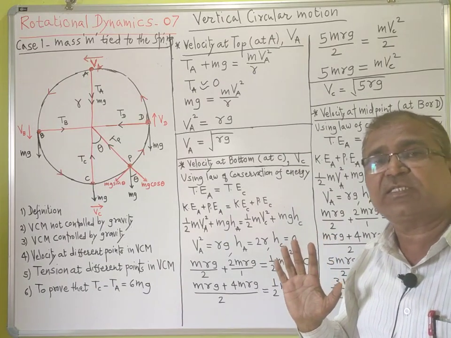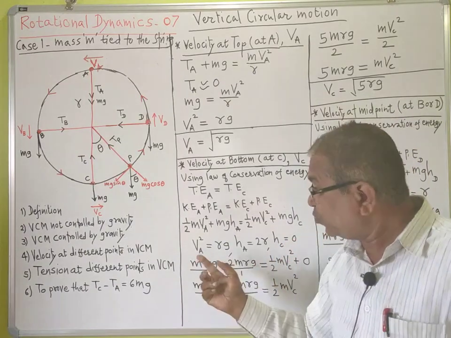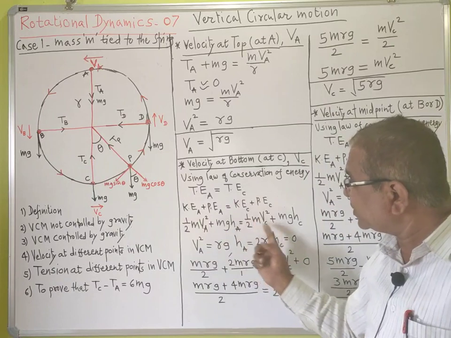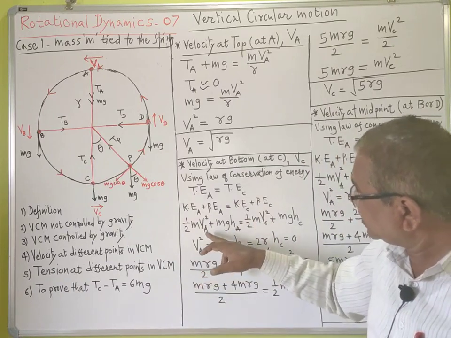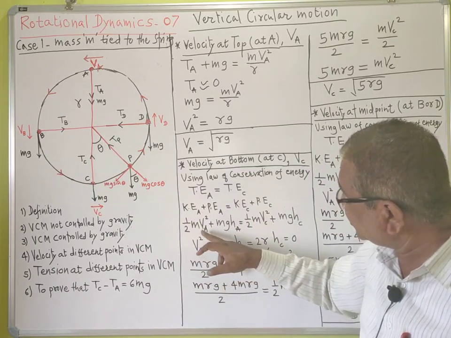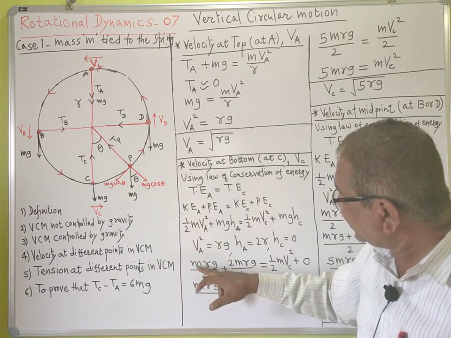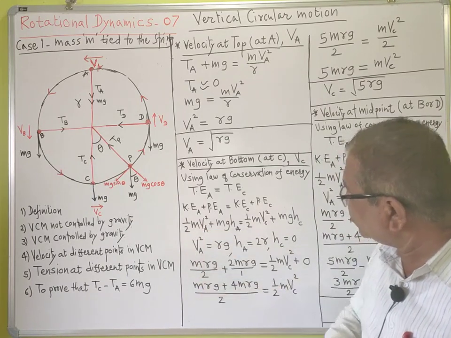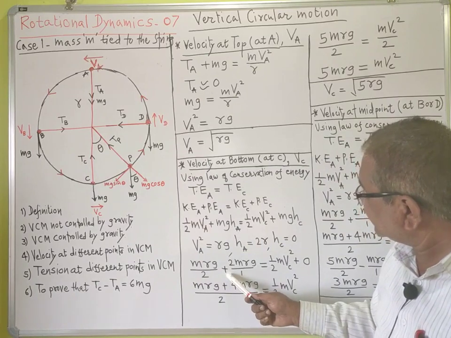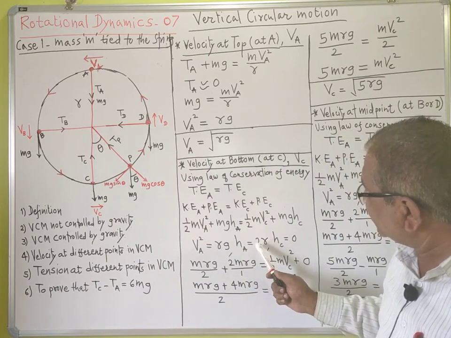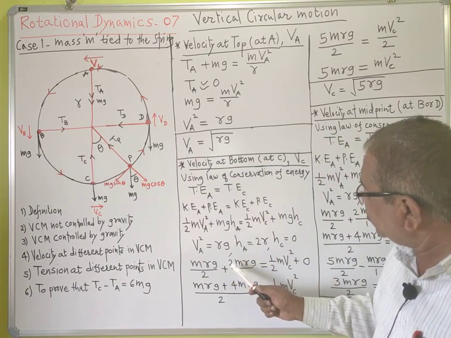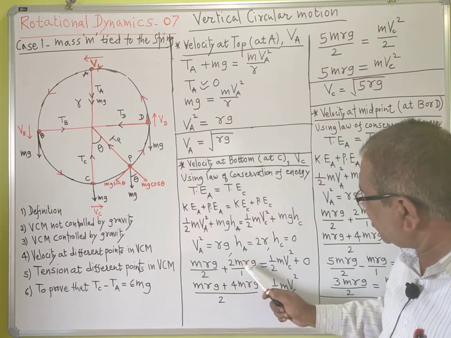Have you understood this, dear guys? Then put those values in the above equation. We get what here? See here, VA square is equal to RG, so mRG upon 2, plus HA is equal to 2R, so 2mRG upon 1.